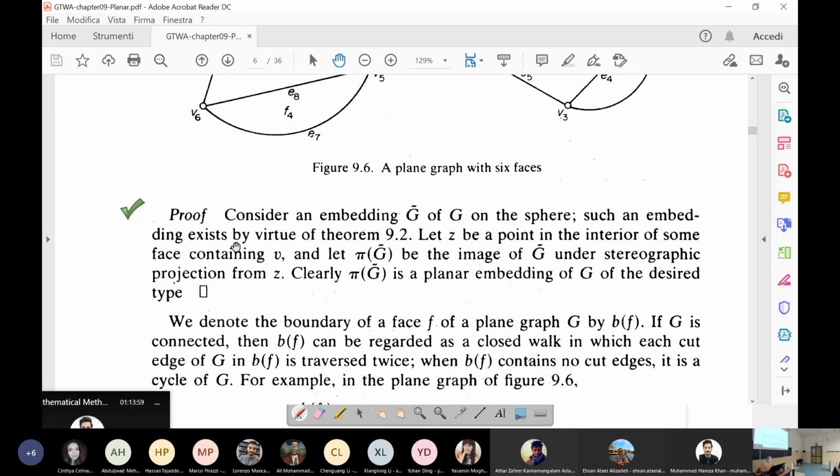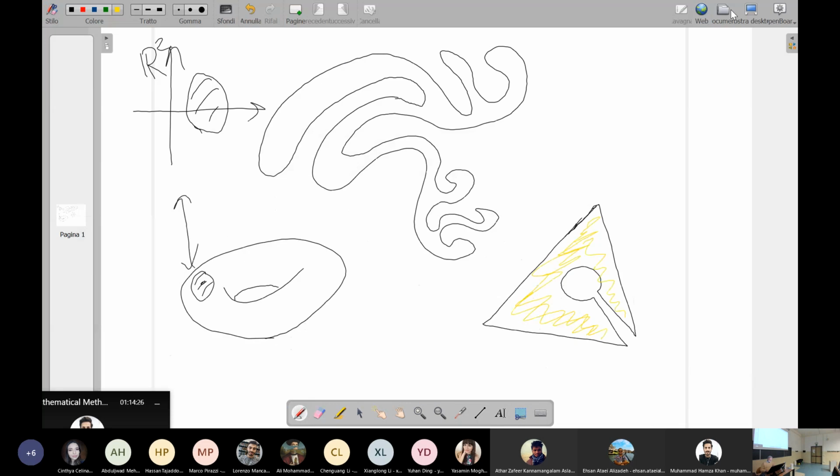Such an embedding exists because of what we have seen with embeddable in the plane equals embeddable in the sphere. Let Z be a point in the interior of some face containing V, and let pi of G tilde be the image of G tilde under stereographic projection from Z. Then this is a planar embedding of G of the desired type. Now I try to draw that.